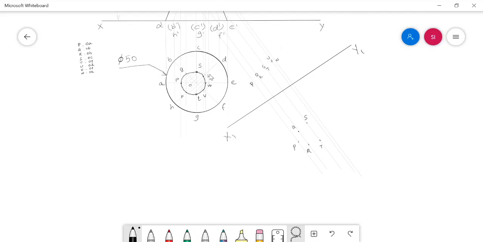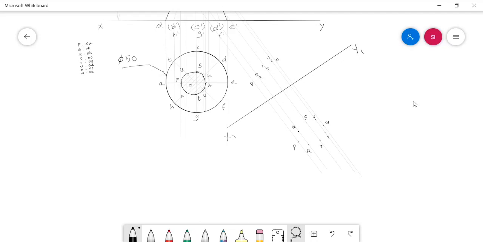And measure the distance between the point U and XY line and mark the same in the projector of U and V with respect to x1 and y1. And measure the distance between W and XY line. Mark the point W in the projector of W with respect to x1, y1.